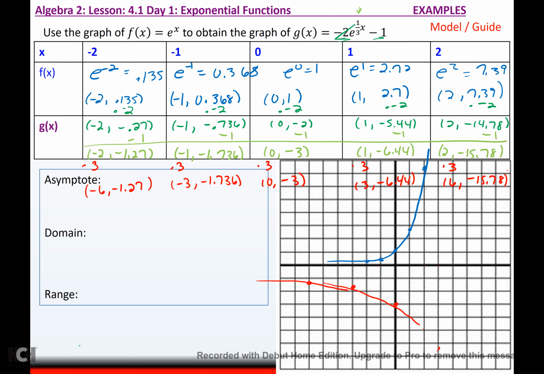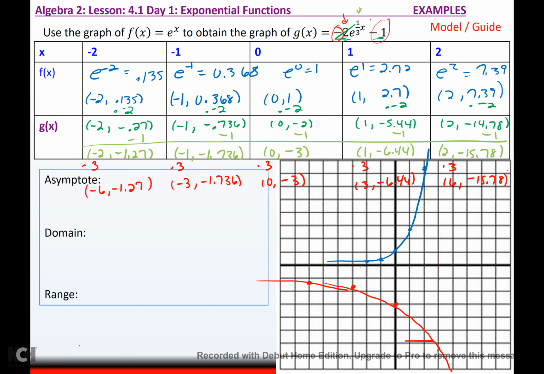And notice how it turned it upside down because of the negative. It stretched it by 2, which made it more steep. It moved it down 1, and it horizontally stretched it by 3. So it went wide this way.